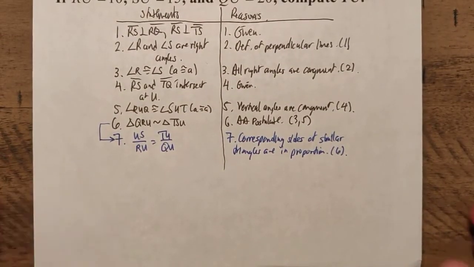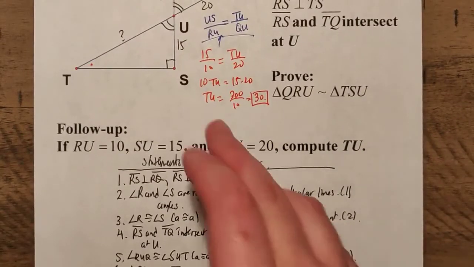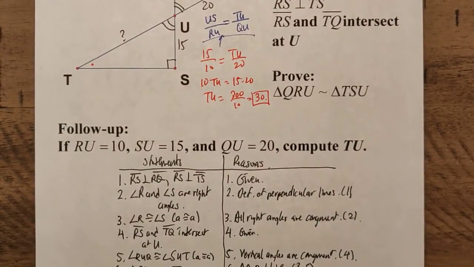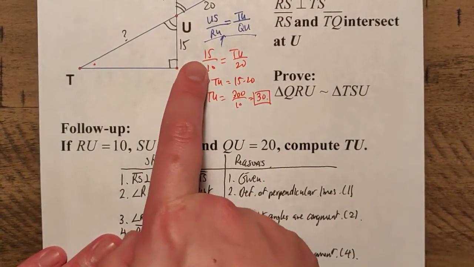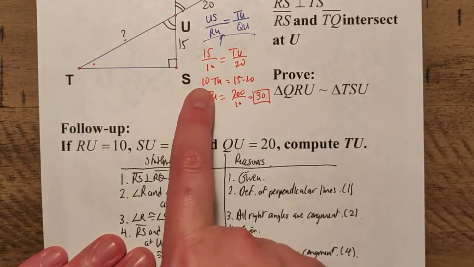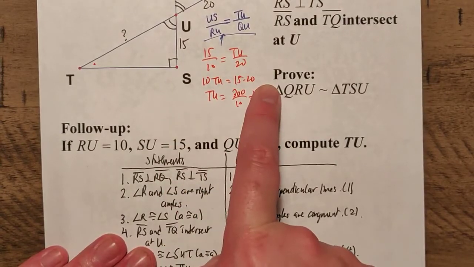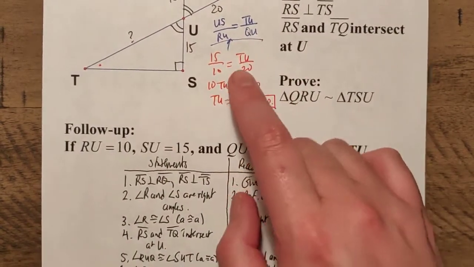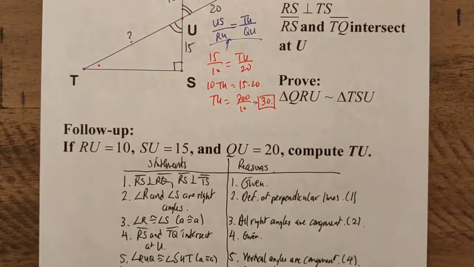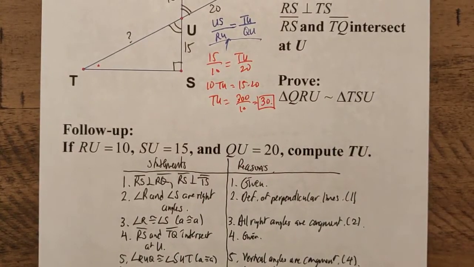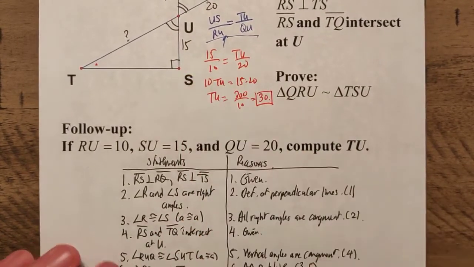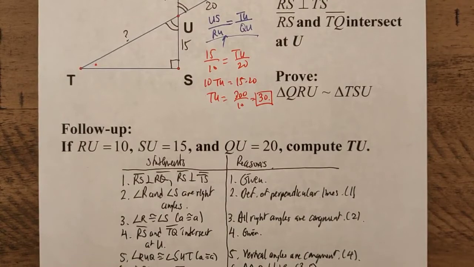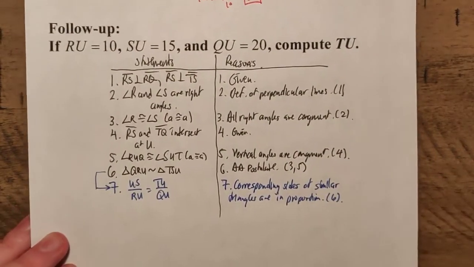Now, that seems great. But also note, ladies and gentlemen, that in solving for TU, yes, we used a proportion, but there was also something else we used here. Notice how we were able to convert 15 over 10 equals T over 20 to 10 TU equals 15 times 20. You may recall from our first lesson, this is something we talked about before. We had a proportion, and the product of the means and the extremes is equal. So that gives us one more statement in proofs here.